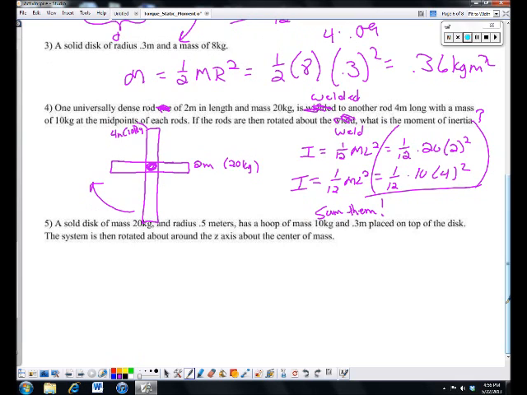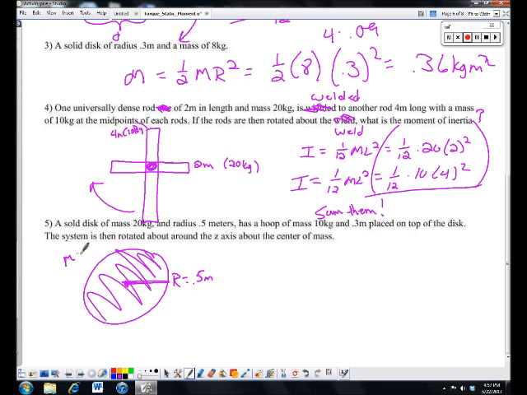Shouldn't be too hard. A solid disc of mass 10 kilograms and radius 0.5 meters has a hoop of mass 10 kilograms and radius 0.3 meters placed on top of it. So I have a solid disc with a radius of 0.5 meters.